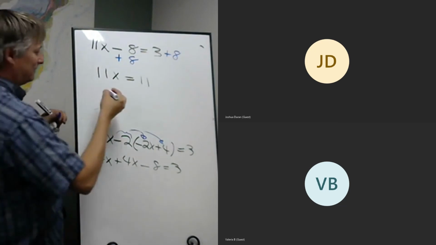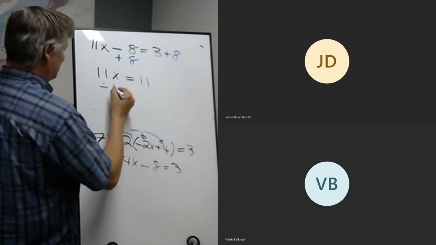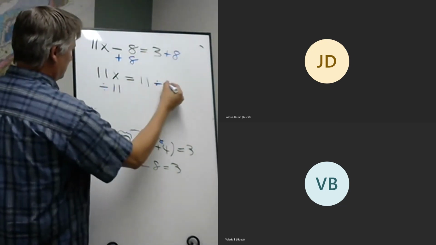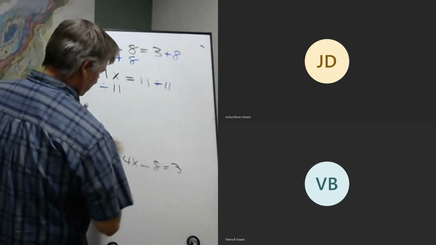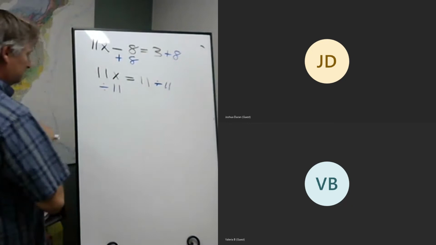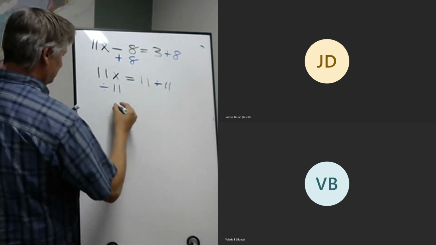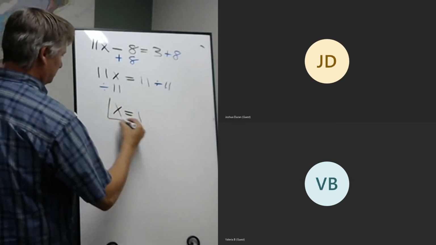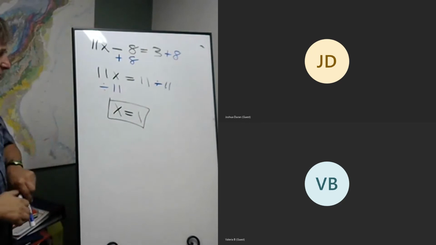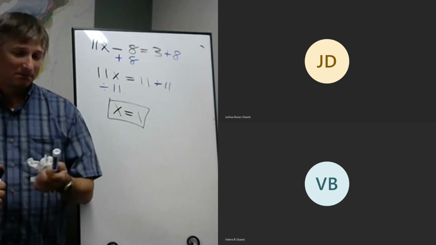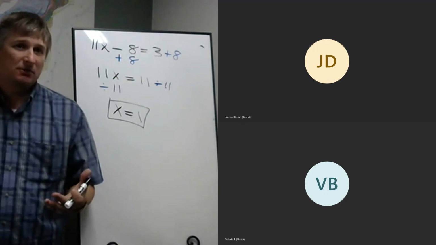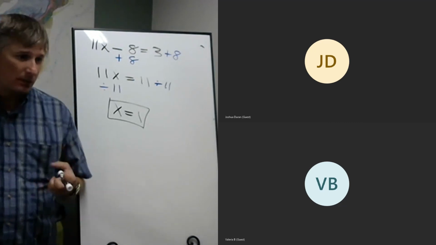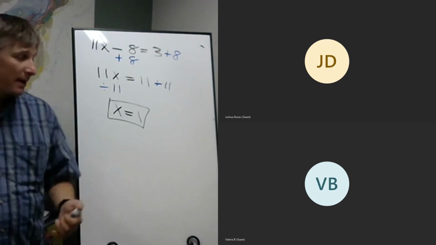Divide by 11. And so we get x is equal to 1. So we found half the solution so far, x is equal to 1. Well, let's see if we can find y here.